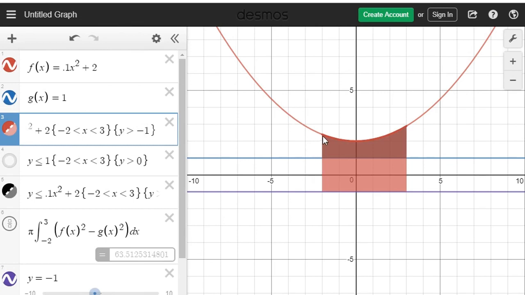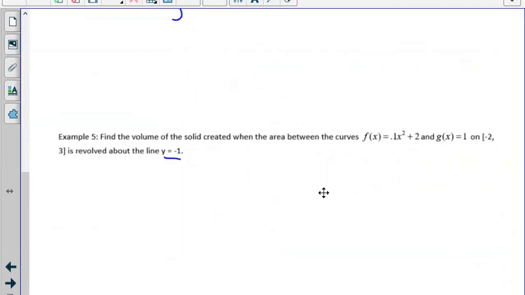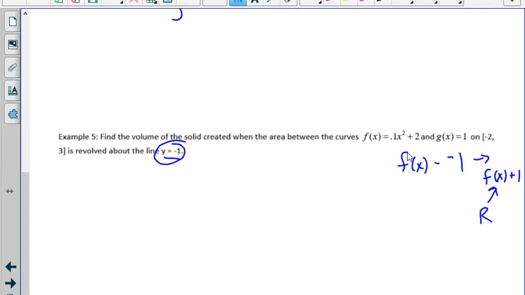So as you see, it's f, and then I have to add 1, which is the same thing as f of x minus -1, which should make sense because it's being revolved around y equals -1. So my distance from top to bottom is f of x minus -1, which is the same thing as f of x plus 1. That is my big R, and that entire thing must be squared.